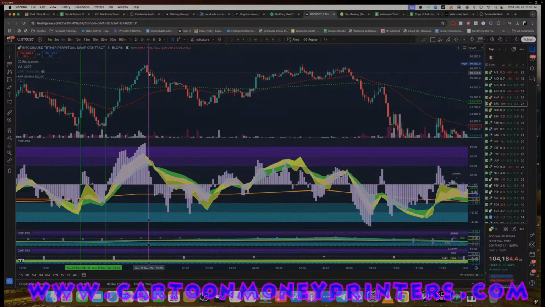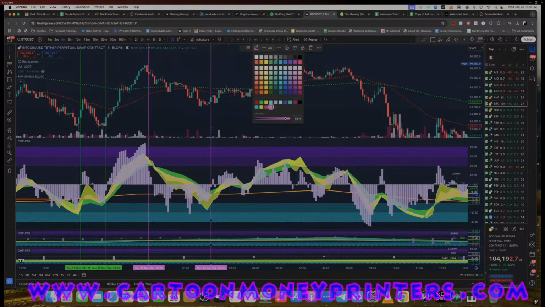So for this short, for Bitcoin, I would say 0.75% is going to be kind of a standard TP1, or if the ribbon really starts to turn, so right here. I'm just going to put a white line for TP.